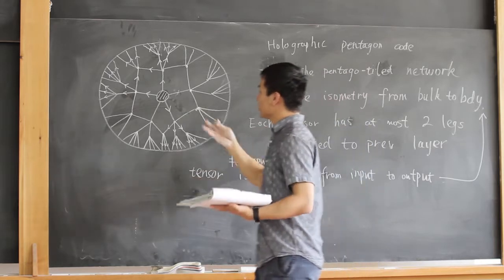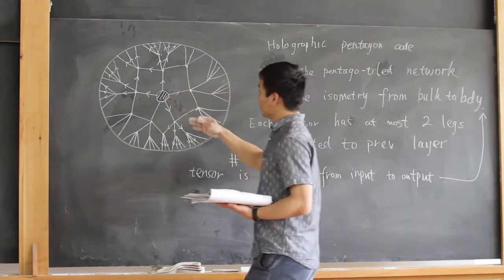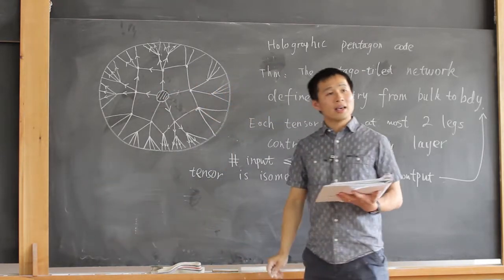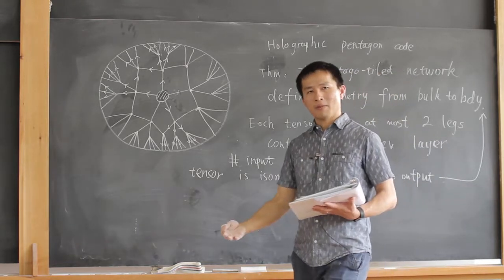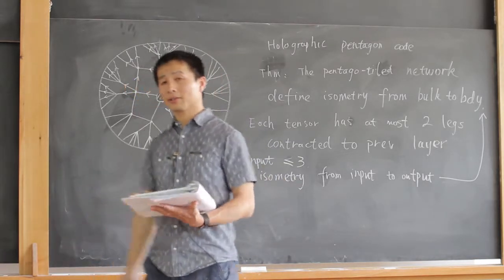Here we're just removing the tensor in the middle and reinterpreting these 5 legs. They are no longer contracted. We're reinterpreting them as some bulk input legs.